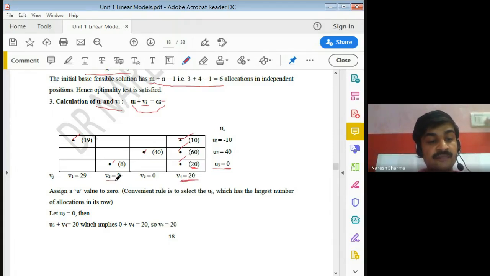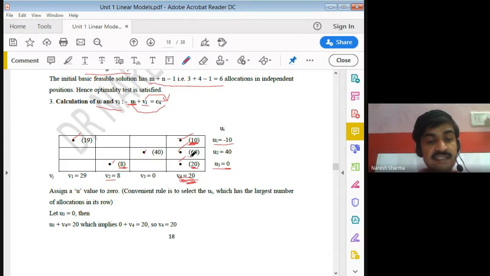Now for this, we use c, that is 8, minus this 0, you get v2, which is equal to 8. Now with the help of v4, now we shift v to the right hand side, that c minus v also gives you a corresponding value of u. So from this, c, that is 10, minus this v4, that is 20, gives you u1, which is minus 10.